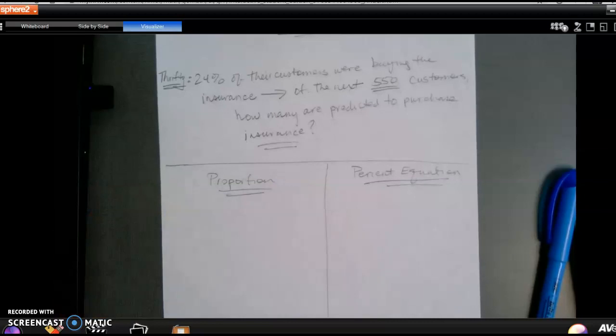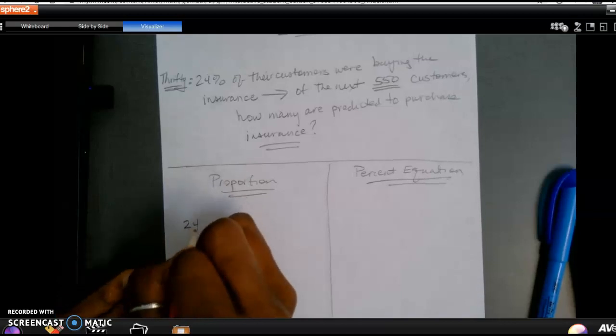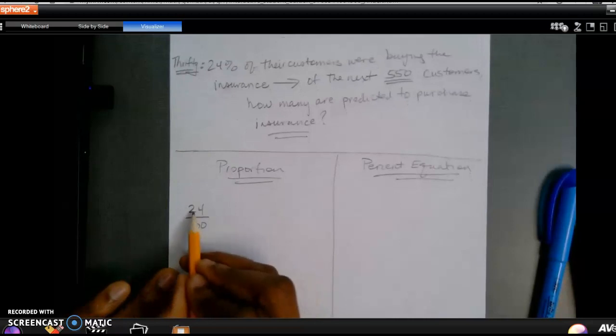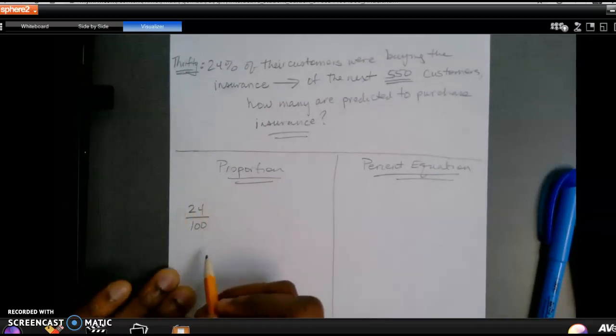Okay, so I know that 24%, according to what I know about converting fractions to decimals to percents, is going to be 24 out of 100, because that's what a percent is, okay? 24 parts of 100.